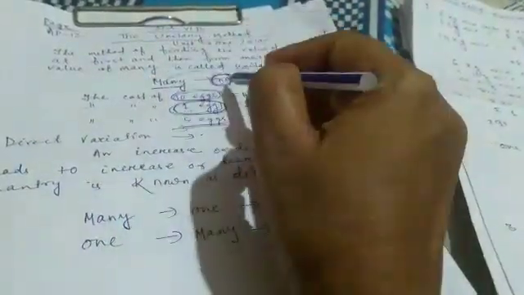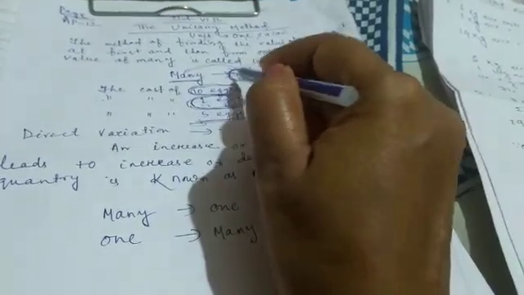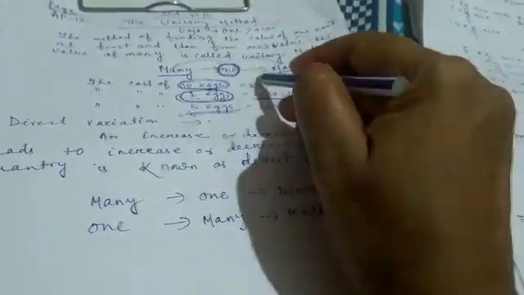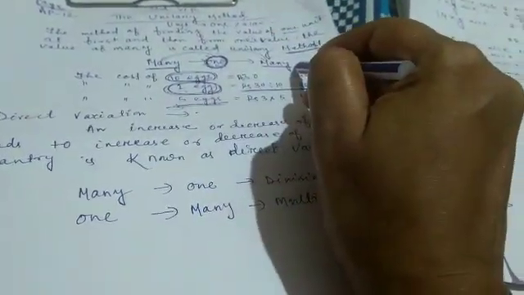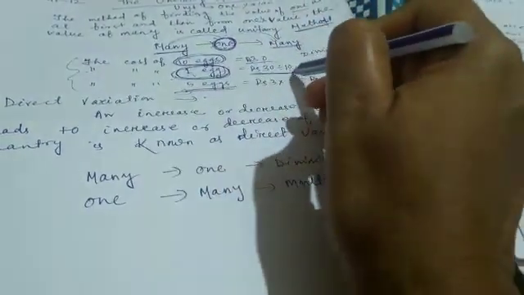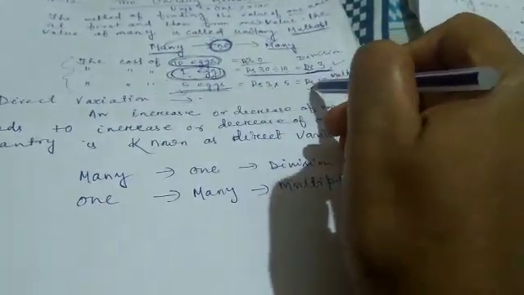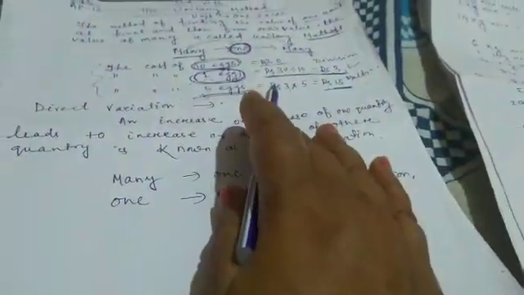From many you got the value of 1, how? By division. From 1 you got the value of many, how? By multiplication. Got it? Here I gave the example, the cost of 10 eggs equal to 30 rupees. So cost of 1 egg equal to rupees 30 divided by 10 equal to 3. The cost of 5 eggs equal to rupees 3 into 5 equal to 15 rupees. Got it?